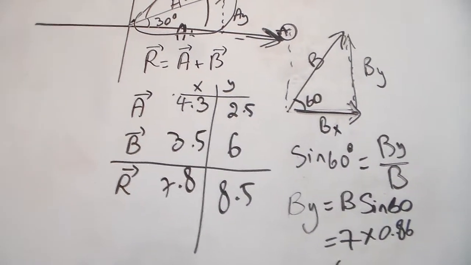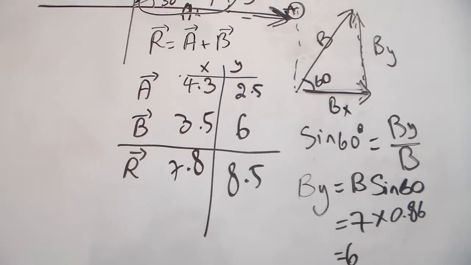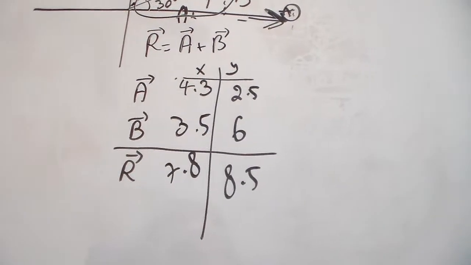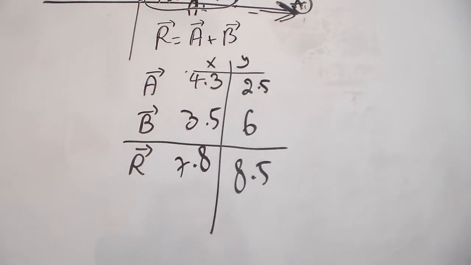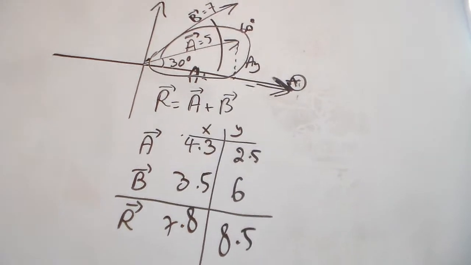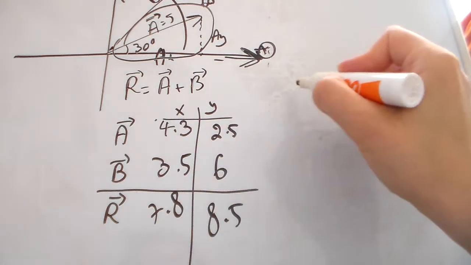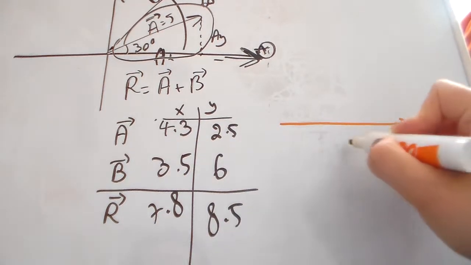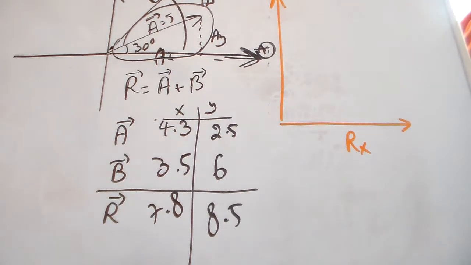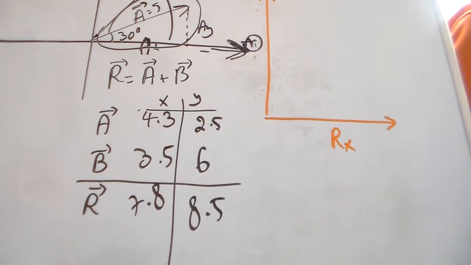Now, if you want to draw this out, this is how you would draw R_x and R_y. So let's erase this triangle, and let's draw R. I want to use another color because I don't feel like we are too colorful here. It's getting pretty boring. Let's use orange. So R_x is 7.8, and R_y is bigger, so it's about 8.5.